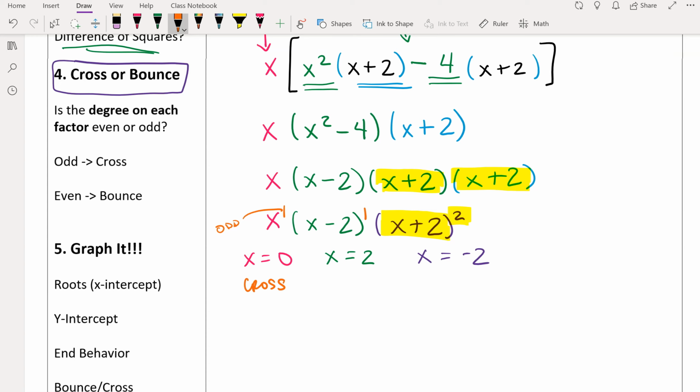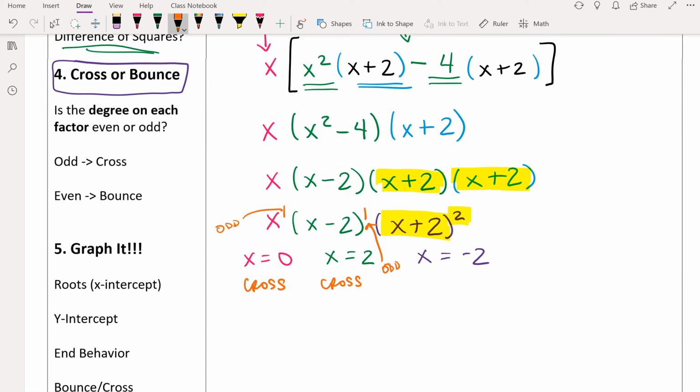At x equals 2, I'm looking here, the exponent that we see on the factor that came with x equals 2 is even. Or sorry, odd. It's also 1. My bad. Odd means your number can't be divided by 2. 1 cannot be divided by 2 evenly. So we're going to cross again at x equals 2.